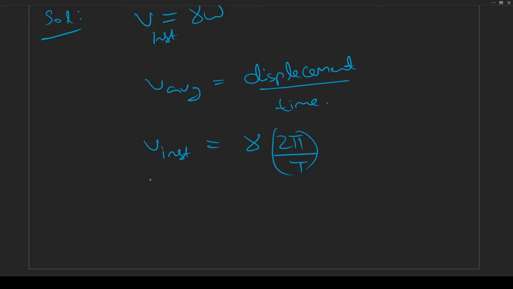And when we compare with V average, we will get displacement by time. T here is the time period to complete one whole revolution.